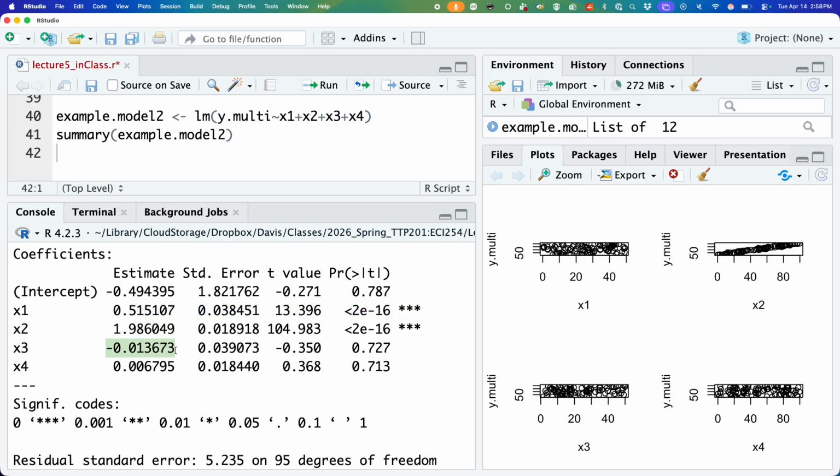Which is that x3 has no influence, x4 has no influence. These are both close to 0 and are statistically not different from 0. And we can see that here. Whereas x1 is about 0.515, which is very close to 0.5. x2 is 1.98, and they're both statistically significant.